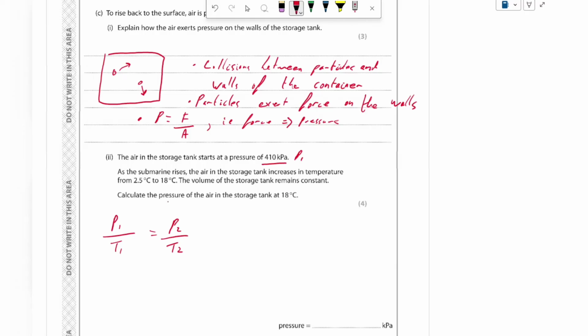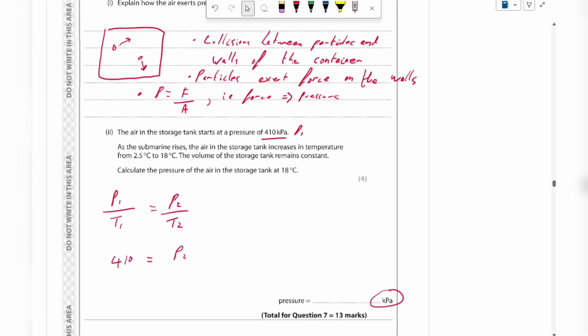Pressure 2 is what we're trying to work out. I'm going to keep it in kilopascals because the answer's in kilopascals. That is T1 and that is T2, but you need to be careful because it's not 2.5, it's 2.5 plus 273 because we need to be in Kelvin. And this needs to be 18 plus 273.